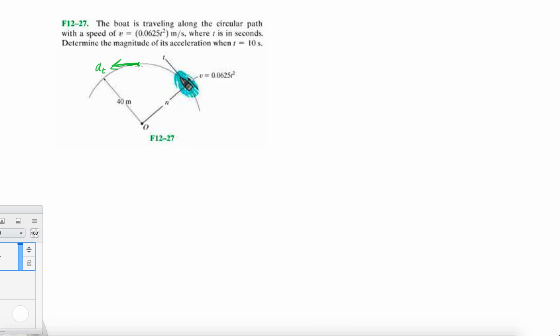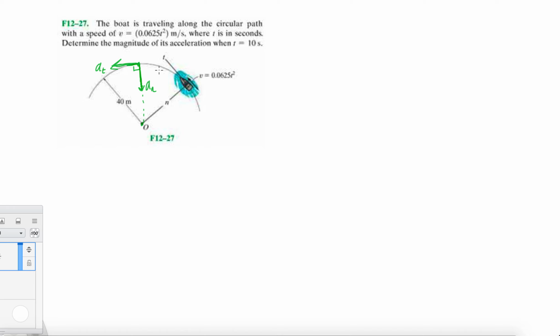And then there's a component of the acceleration that forms a 90-degree angle with it, and it's pointing towards the center of the circle. This is our normal acceleration. This is what we feel when we take a turn in our cars, and we feel some form of acceleration going into the turn.